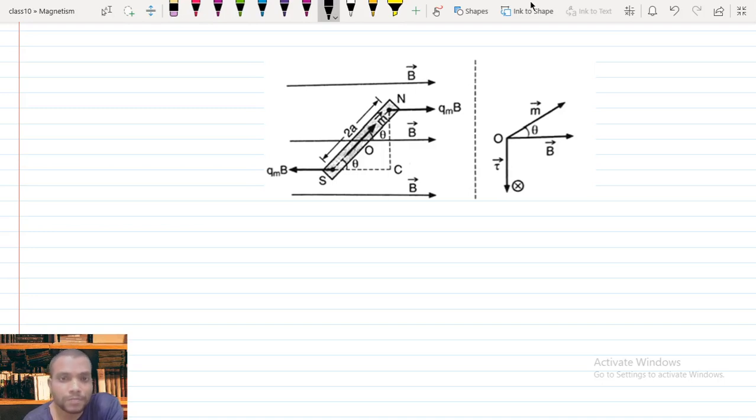In my previous concept I discussed what happens if we keep a bar magnet in the presence of an external magnetic field. This bar magnet we also call a magnetic dipole.